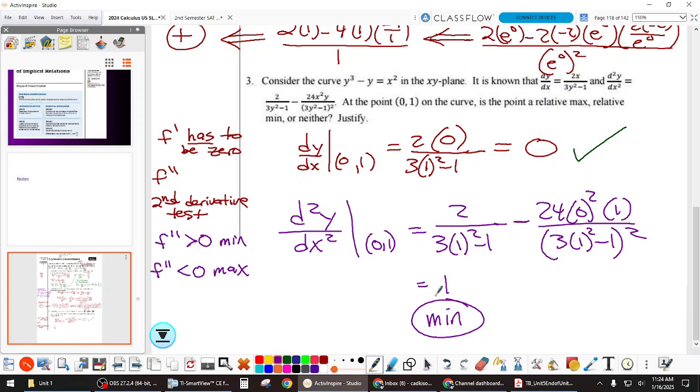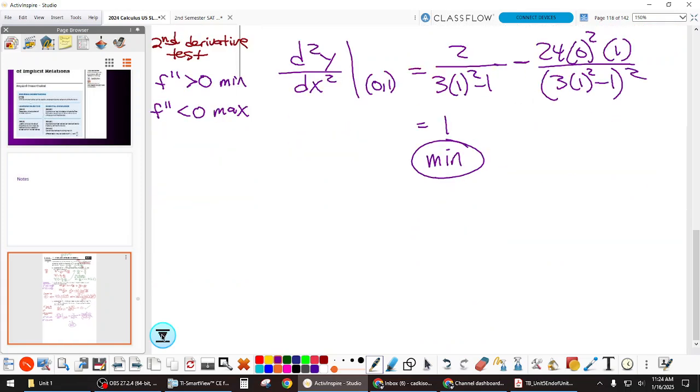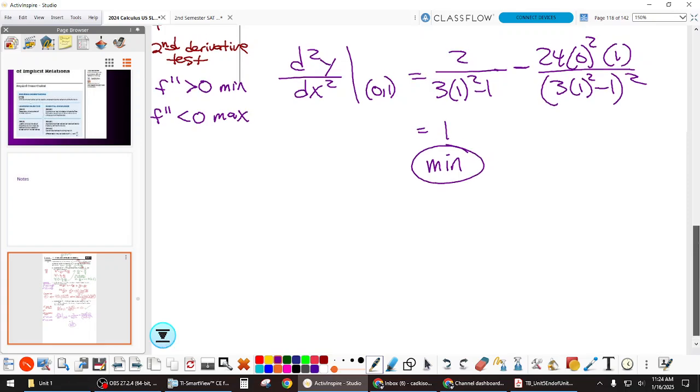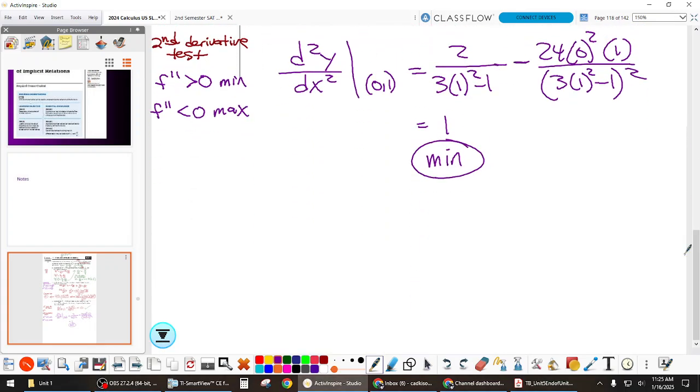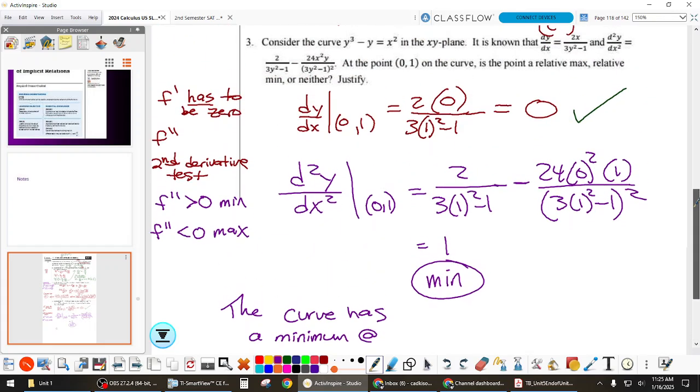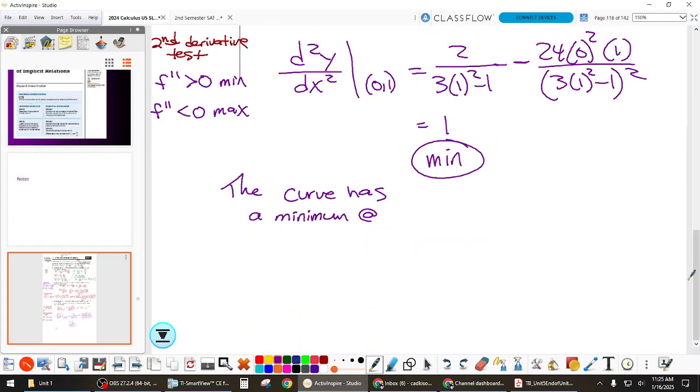Okay, when it says justify, what do we have to be sure to include? Well, we need to be sure to include, obviously, our answer, the point where it happened, which was (0, 1).